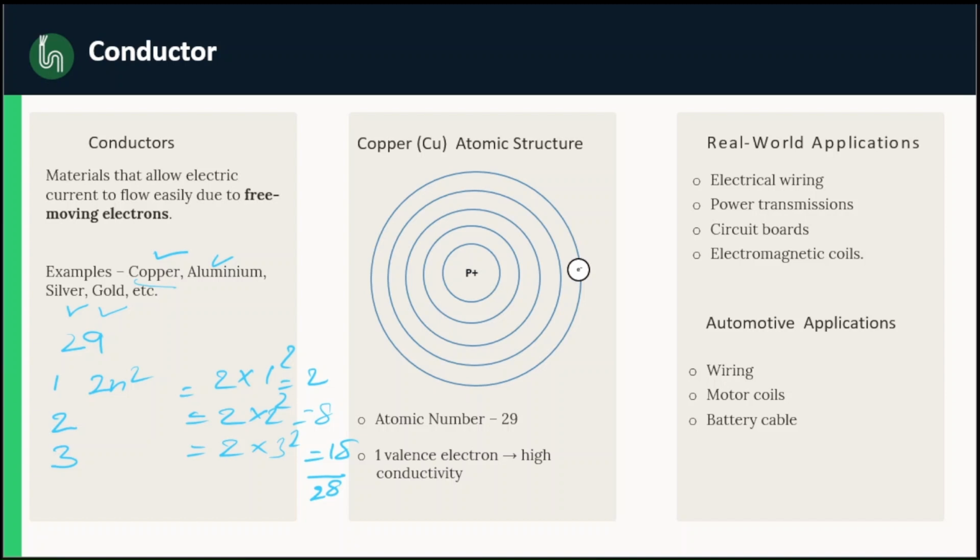In automotive, obviously it is in wiring, motor coils and battery coils. So conductors are nothing but the pathway for free electrons to flow. The atoms or materials which have a lesser number of electrons in the outermost shell become good conductors of electricity.